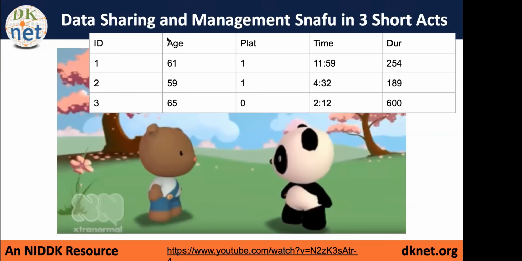I can't tell, for example, if this is years or months. It could be an old mouse, age in months, or it could be an old human, age in years. That's why making sure the data is documented is important.